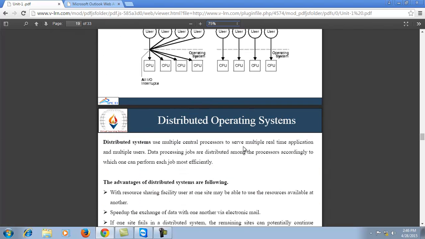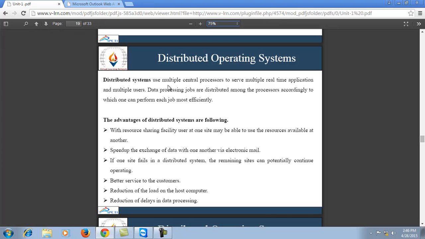Now come to the distributed operating system. It uses multiple central processors to serve multiple real-time applications and multiple users. A distributed system, as its name implies, has a distributed environment and distributed area. Like one system is located at place A, a second system is located at place B, a third system is located at place C. They work efficiently to perform or execute a task.